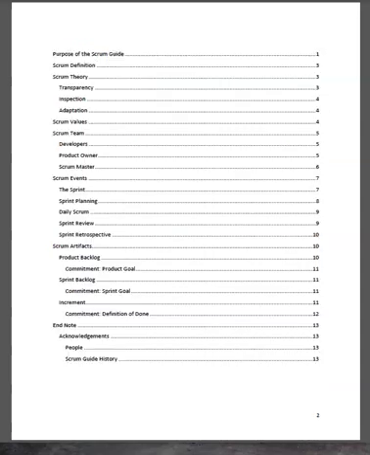The Scrum Table of Contents. Purpose of the Scrum Guide. Scrum definition. Scrum theory, which includes transparency, inspection, and adaptation. Scrum values. Scrum team, which includes developers, product owner, Scrum master. Scrum events, which includes the sprint, sprint planning, daily Scrum, sprint review, sprint retrospective.